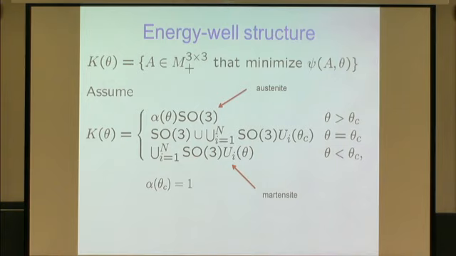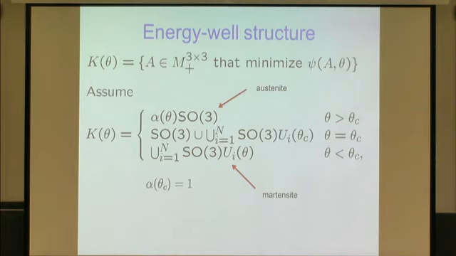And so here is a reasonable assumption for what K of theta looks like. So if we look at the middle line first, this is when you're actually at the critical temperature. So this is when you want the austenite and the martensite, the high and low temperature phase, to have exactly the same energy.